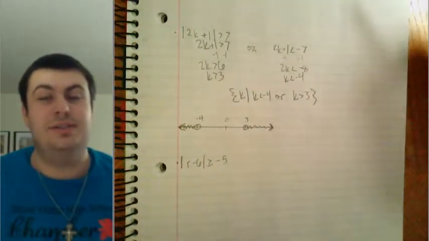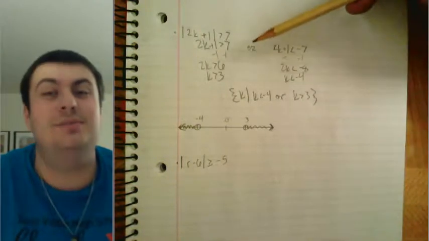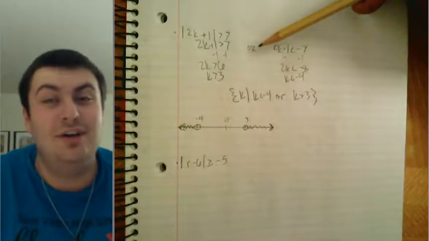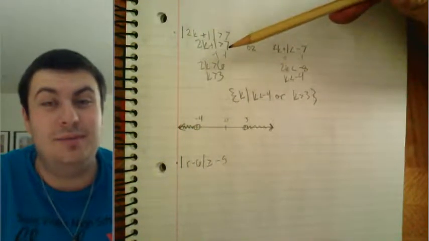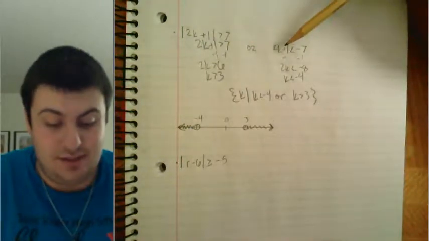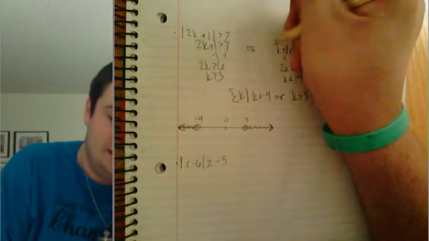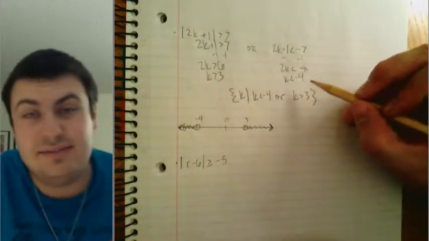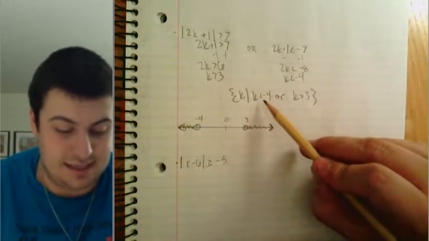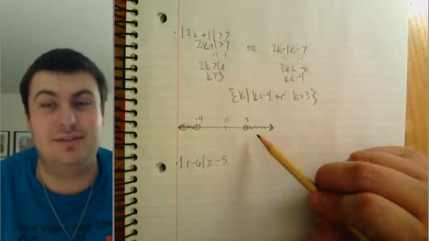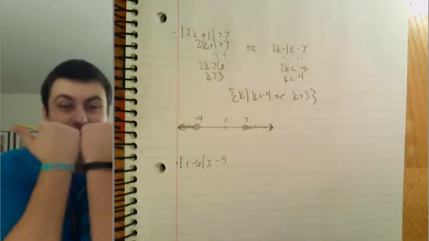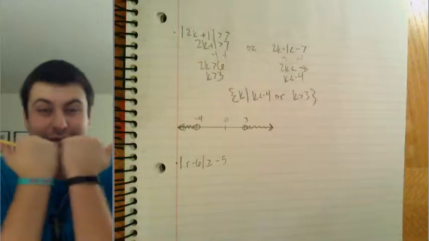So there's my solution to the absolute value of 2k plus 1 is greater than 7. We have an or statement: 2k plus 1 is greater than 7, and 2k plus 1 is less than negative 7. We solve, we get k is less than negative 4 or k is greater than 3. And for an or statement, we have two lines that protrude out.